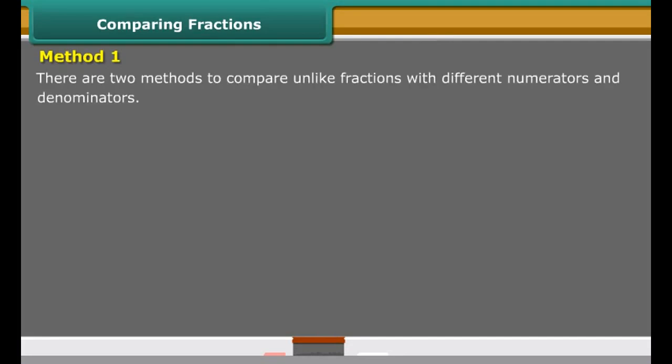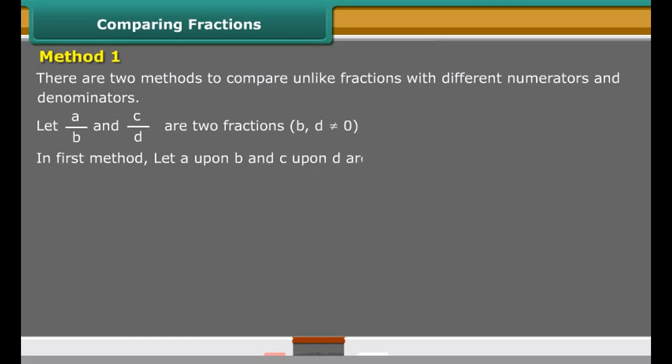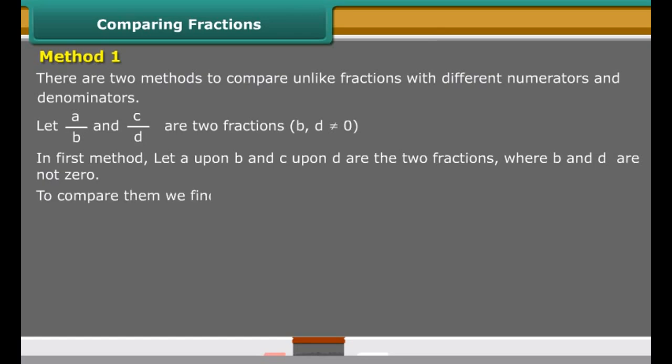Method 1. There are two methods to compare unlike fractions with different numerators and denominators. Let A upon B and C upon D be the two fractions where B and D are not equal to 0. In the first method, to compare them, we find the products AD and BC. 1.